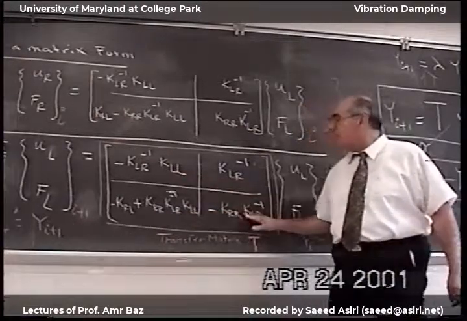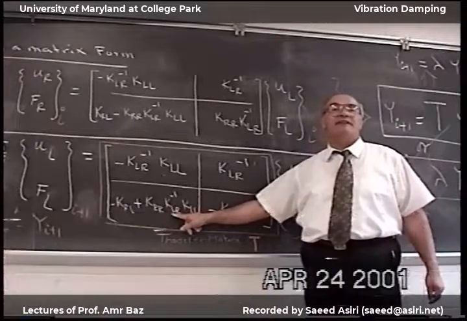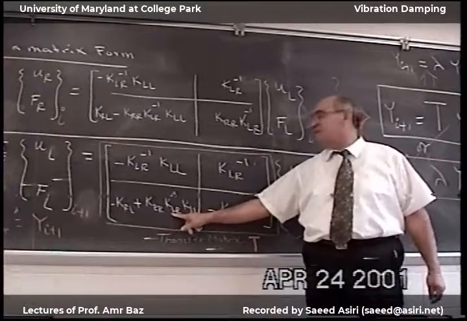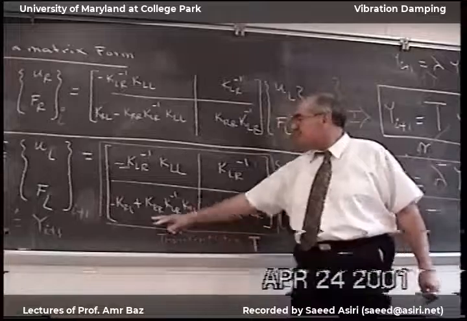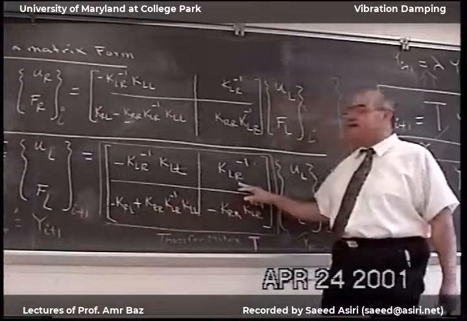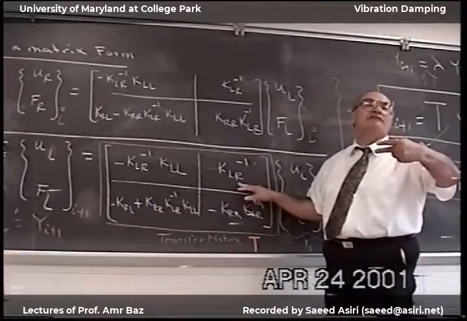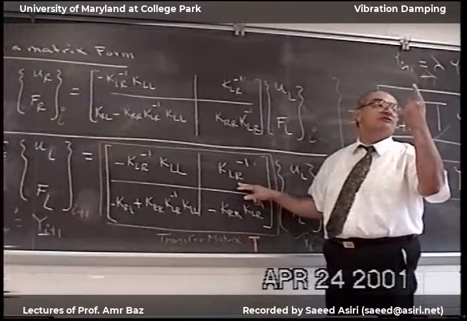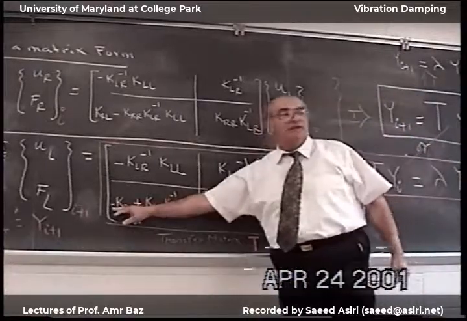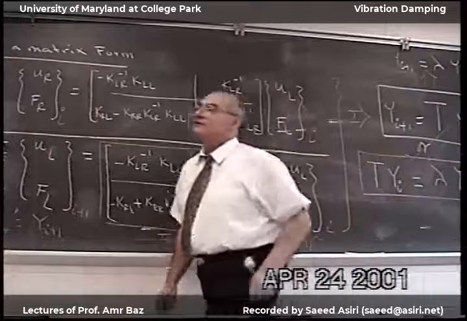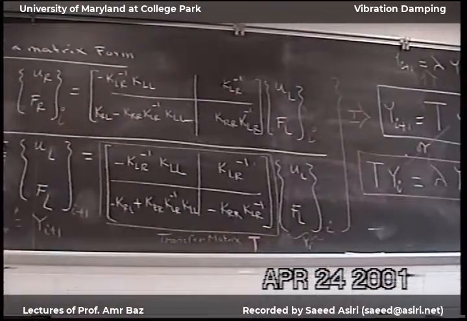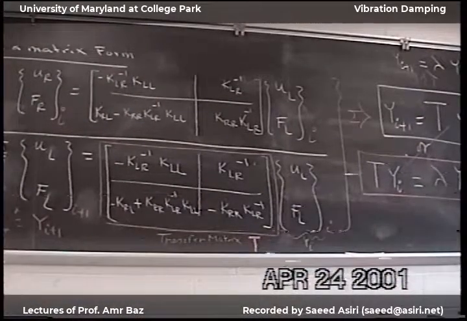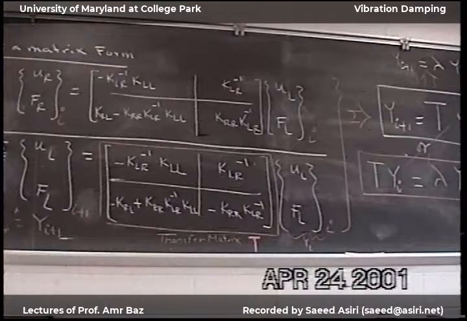So this term is duplicated exactly here, and the negative of it they cancel. This term, KRL, this term is the inverse of it. So the multiplication is 1 and we have minus, so it becomes 1. So this class of matrices, their determinant is equal to 1.